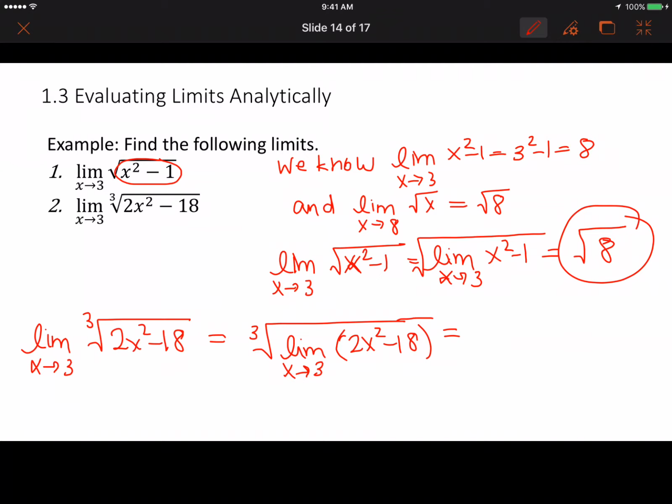Now that limit inside is 2 times 3 squared minus 18. 2 times 3 squared is 18, and so when I subtract 18, I get 0, so this is the cubed root of 0, which is just 0.